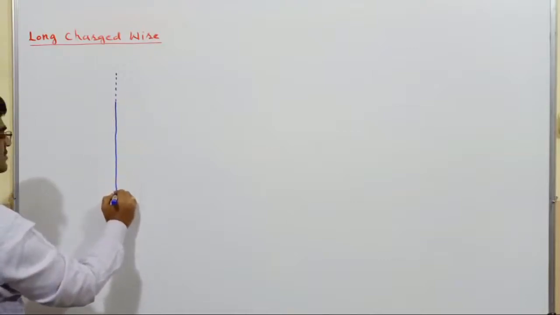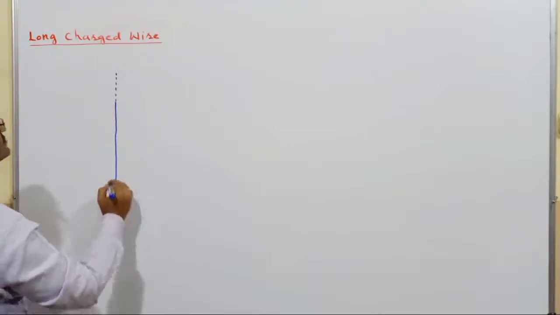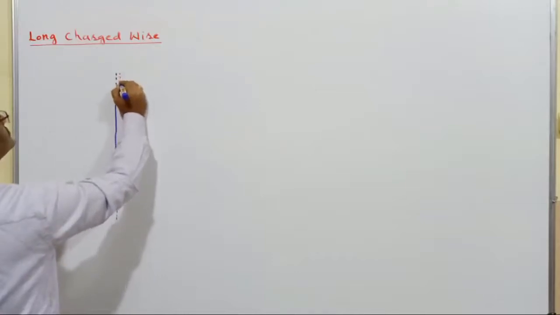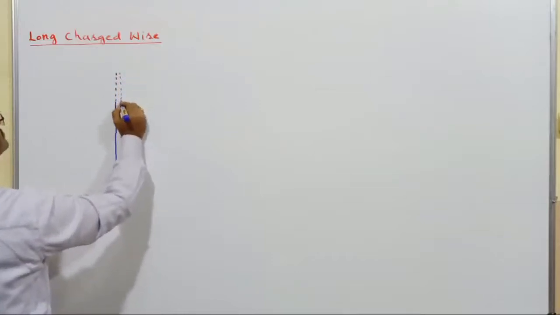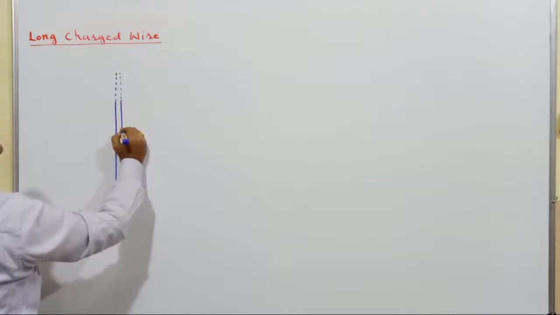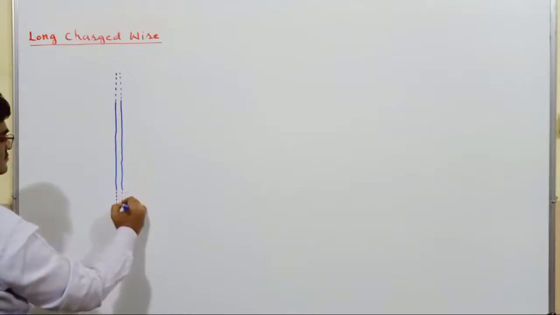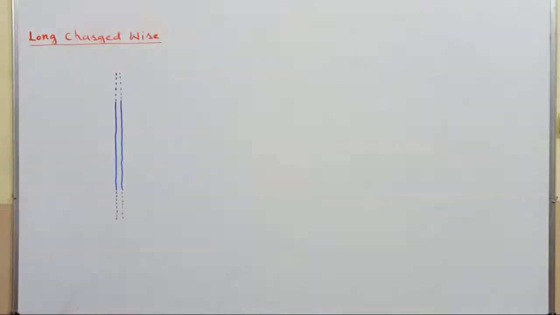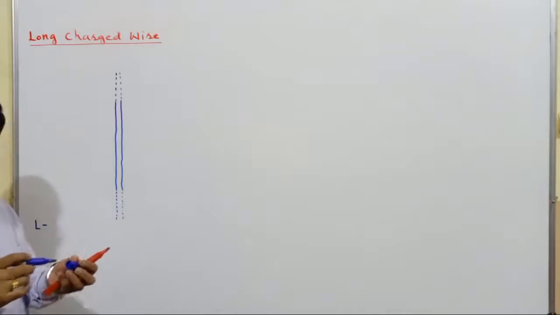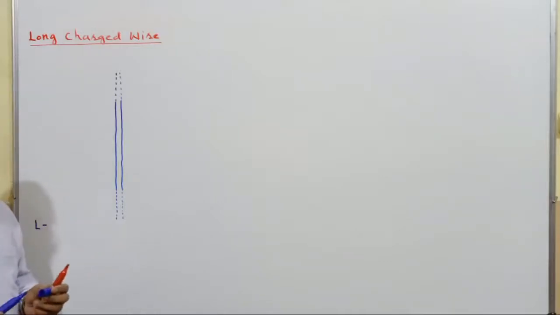This is the wire which is given to me. This is a long wire, let us say of very long length L, practically very long, which I can assume infinity.